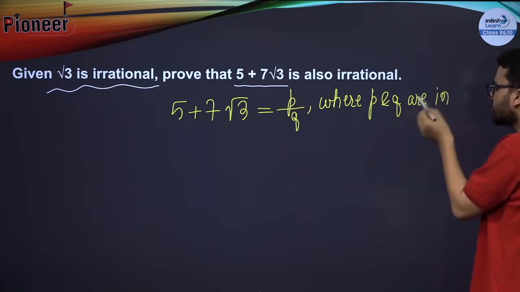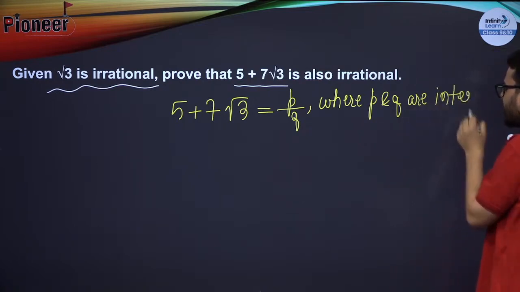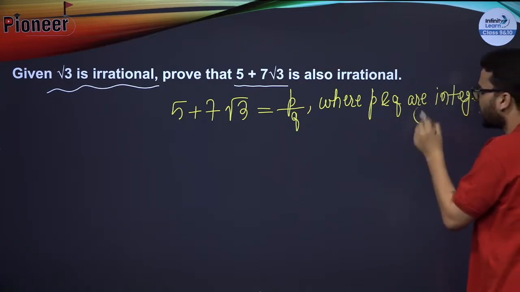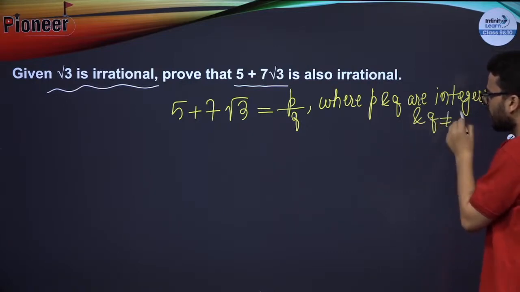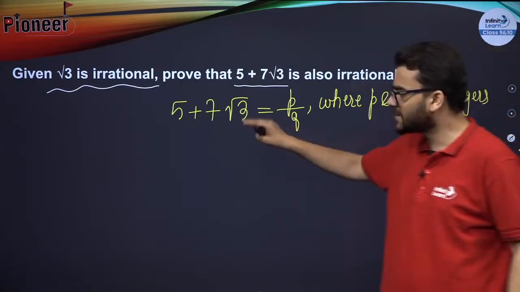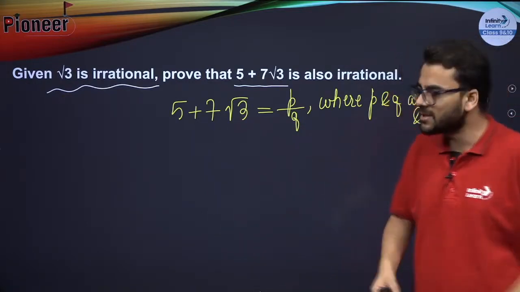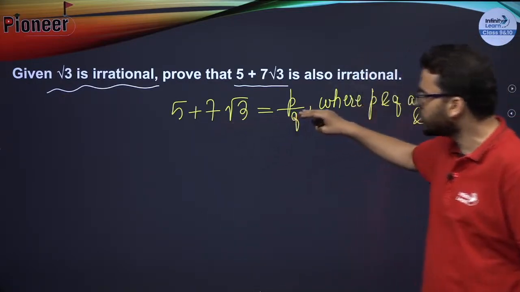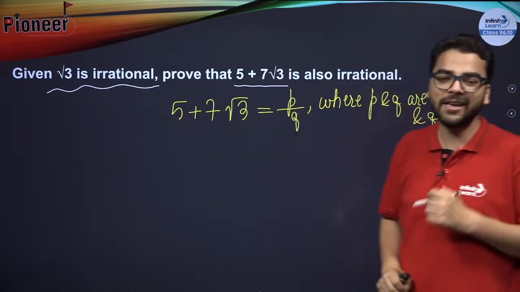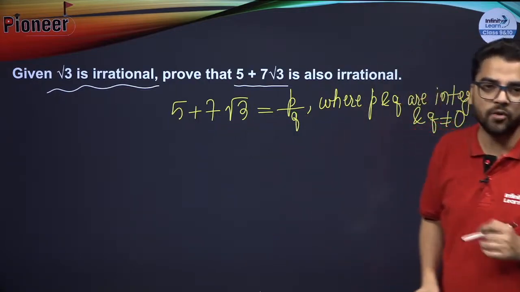This is also done using proof by contradiction. So we are taking P and Q to be integers, and obviously Q is not equal to 0. We are assuming that 5 plus 7 root 3 is a rational number. So by the definition of rational numbers, we can write 5 plus 7 root 3 equal to P by Q, where P and Q are integers and Q is not equal to 0.